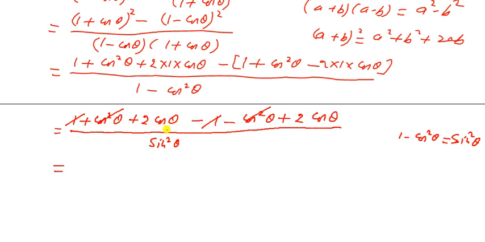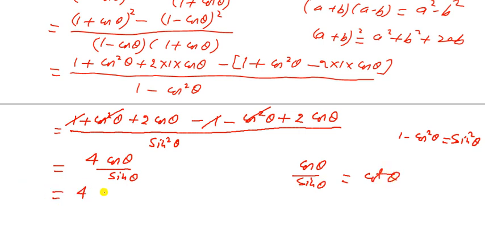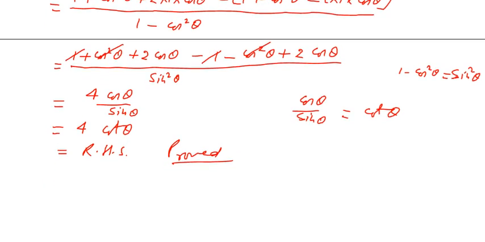Now 1 will be cancelled out to each other, and cos square theta is also cancelled out. 2 cos theta this one and 2 cos theta this one, so it becomes 4 cos theta upon sin theta. As you know, cos theta upon sin theta is cot theta. So we can write here 4 cot theta, and that is the right hand side of the question, and hence proved.